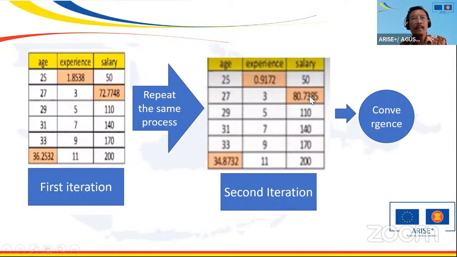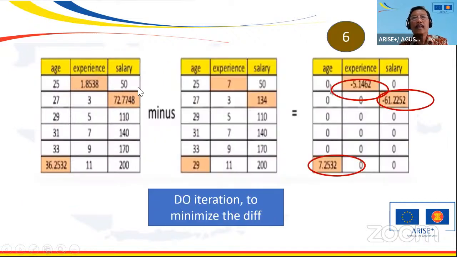Again, back to here. So this is the result of the first iteration, right? 36 point something, 1.872. Oh, by the way, this also illustrates a problem.